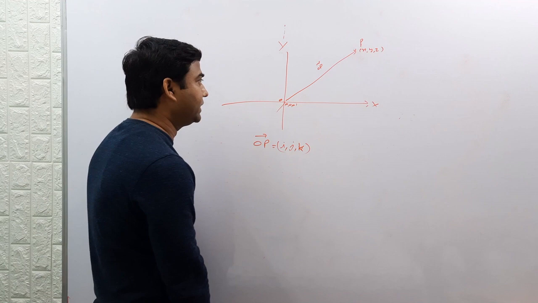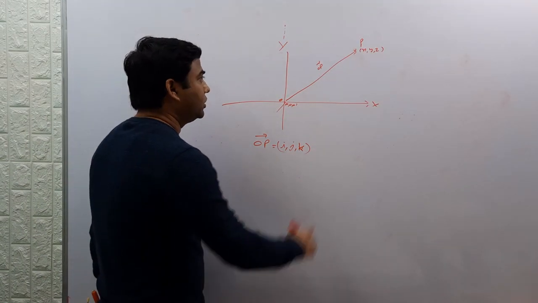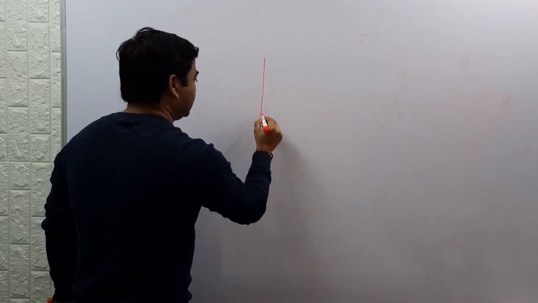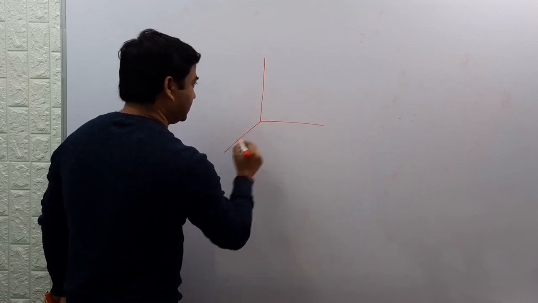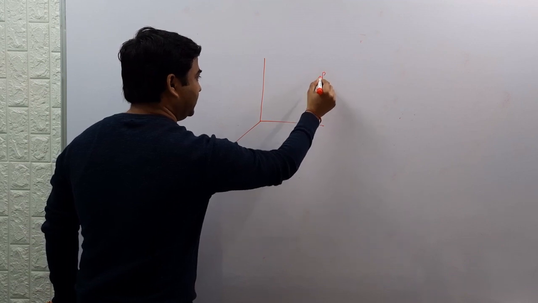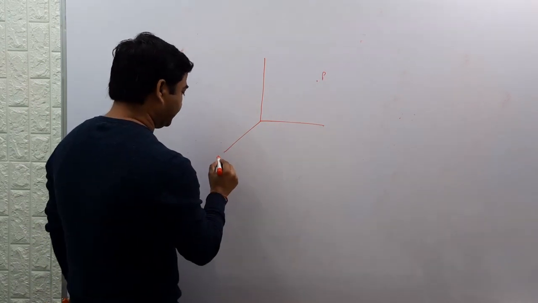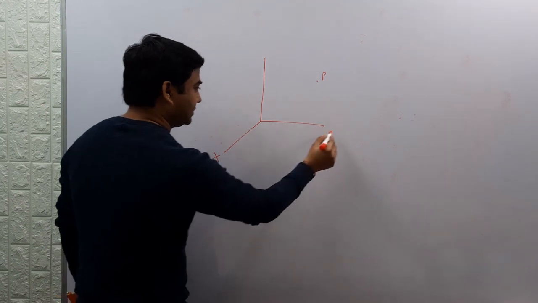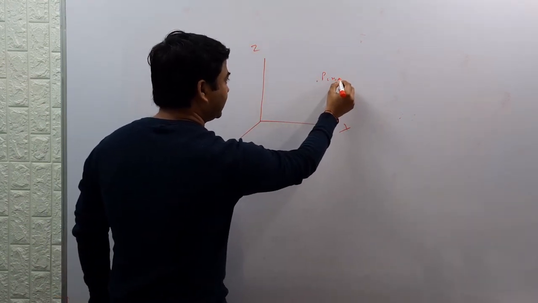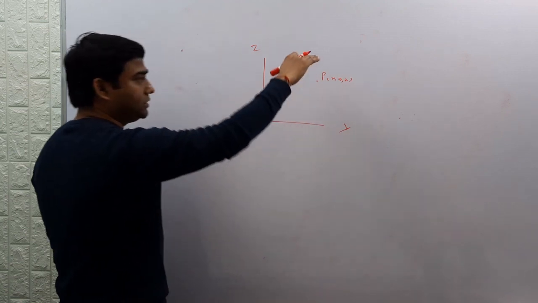How will we define vector OP whose coordinates are x, y, z? So just consider this point P. This is x, this is y, this is z. Coordinates are x, y, z. This is in space.